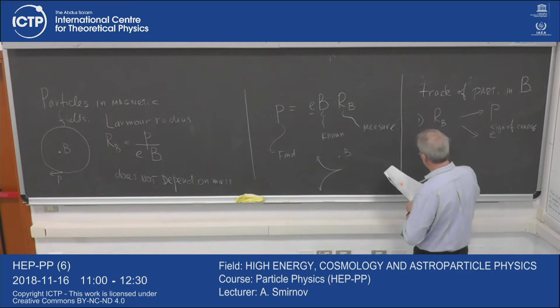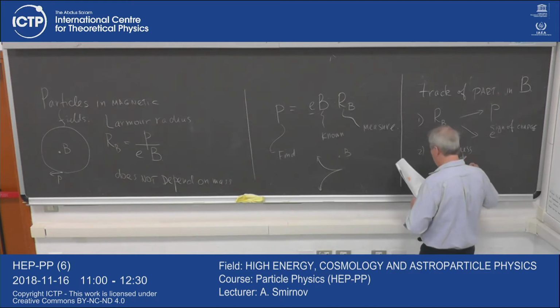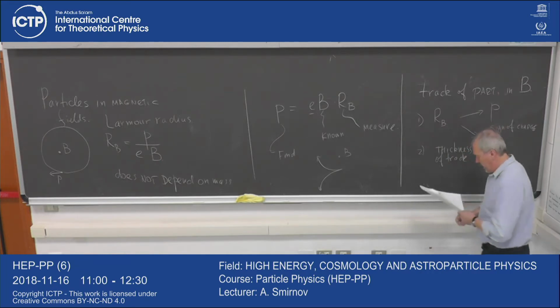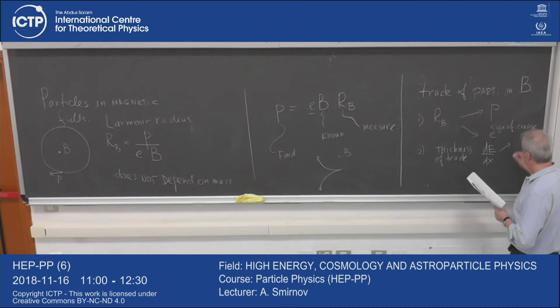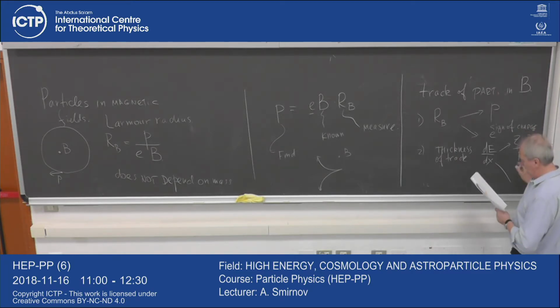We can measure to some extent the thickness of the track, and that gives us dE over dx, as we discussed before. In the case of ionization, that is proportional to z squared over momentum of the particle, and this is ionization.